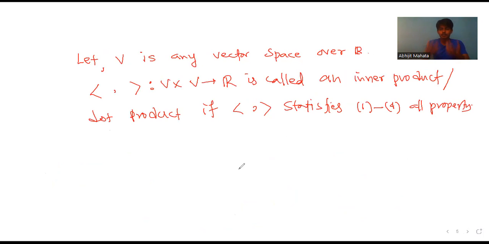Now in an inner product space, we can define the angle between two vectors.